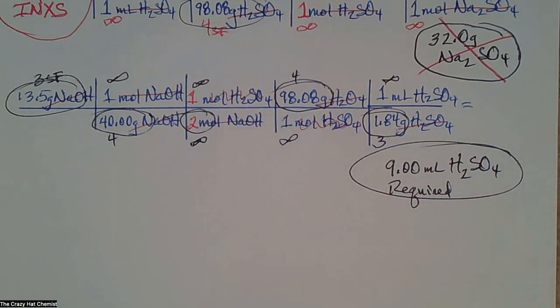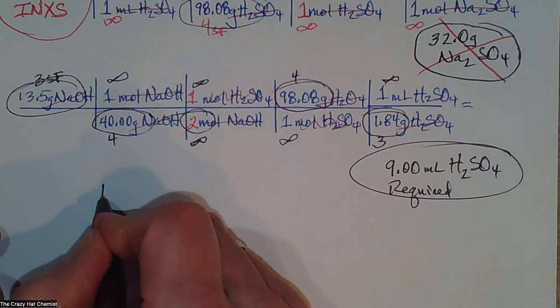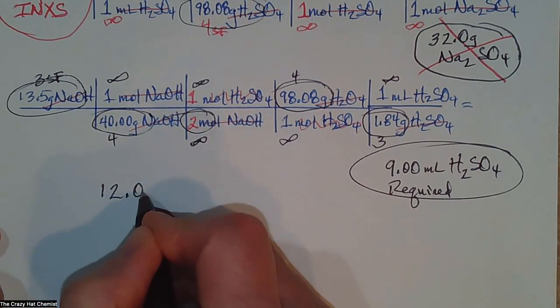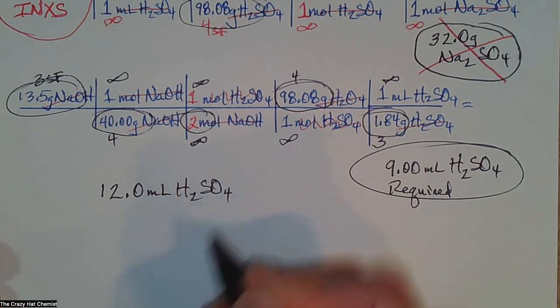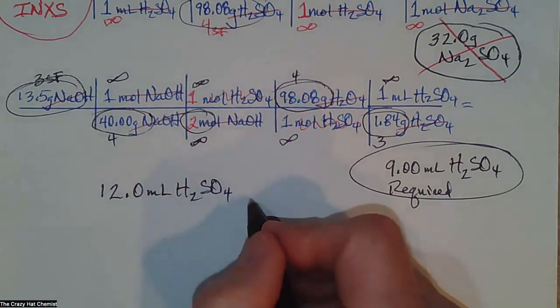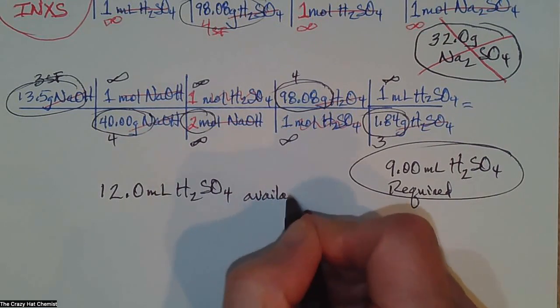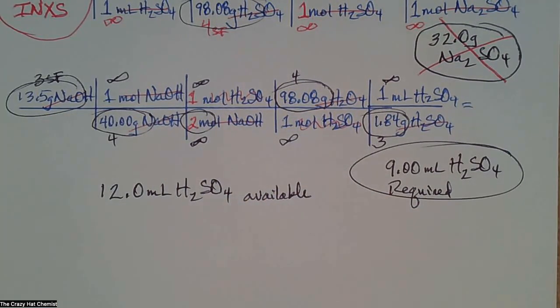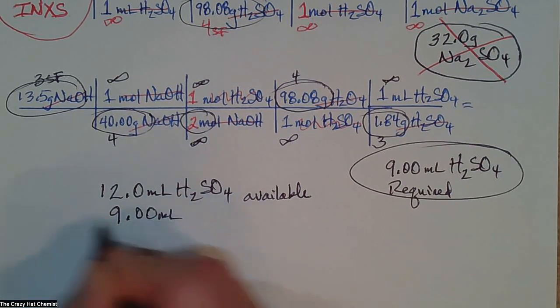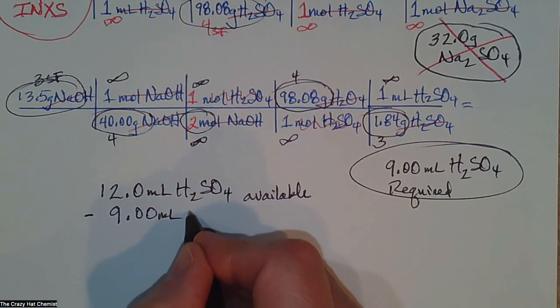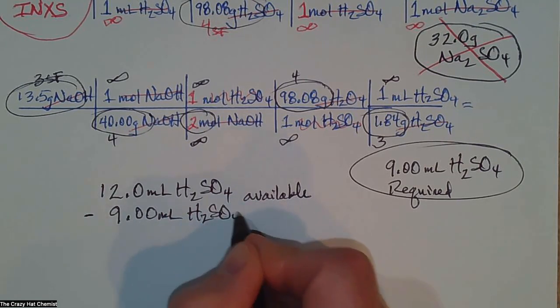So now what I need to do is find out how much sulfuric acid I had originally in this problem. I'm going to look at the top of this problem, and I had 12 milliliters of sulfuric acid originally available to me in this problem. And I'm going to consume or use 9 milliliters of H2SO4.